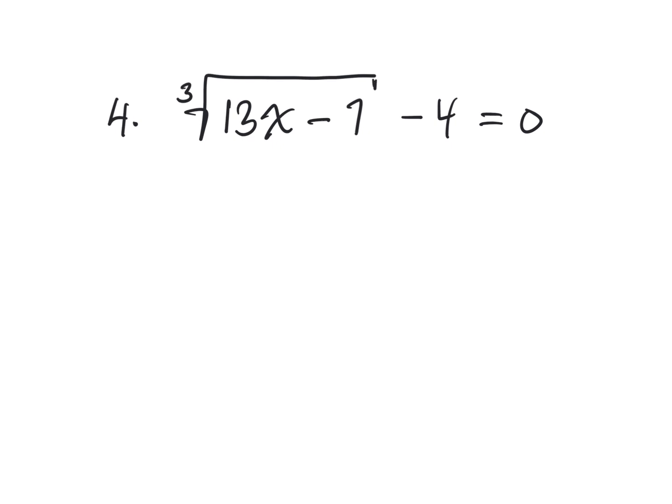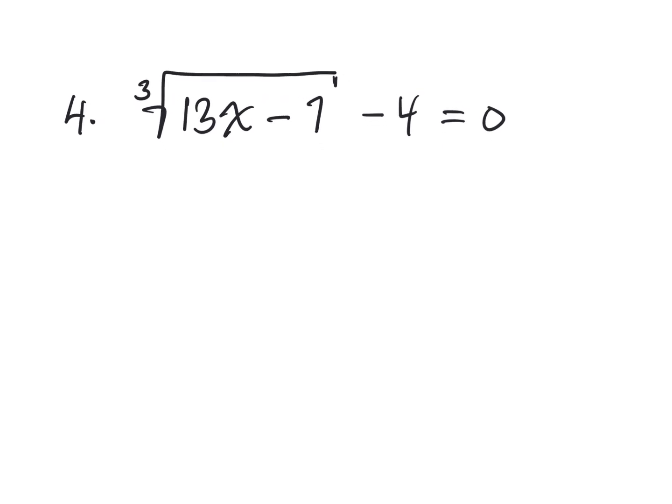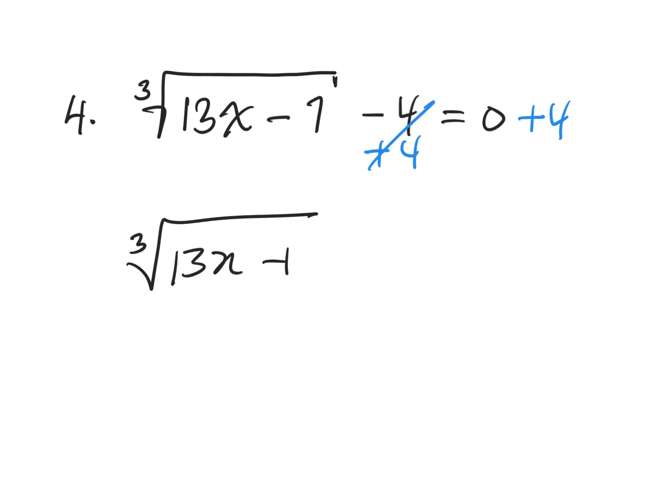Okay, number 4. Here's our number 4 now. So the very first thing we're going to do here is to add 4 on both sides. So this is going to give us on this side 13x minus 1 is equal to 4. And then we're going to raise both sides by 3.